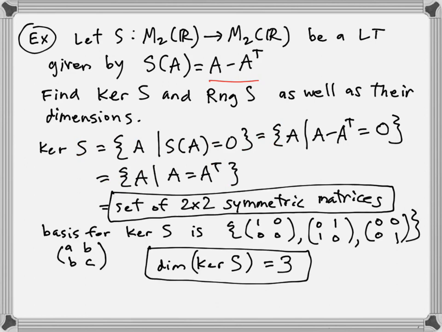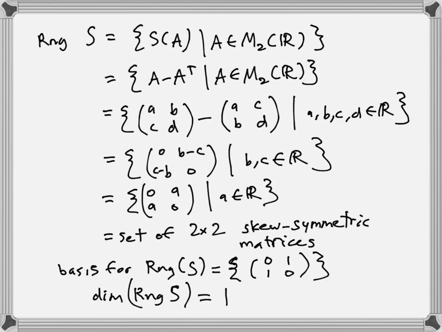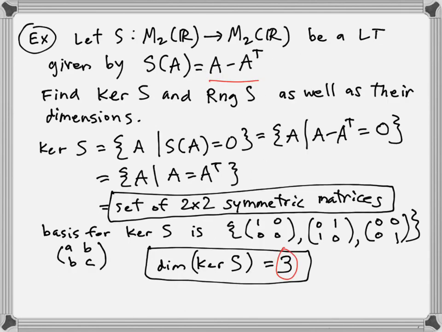Let's look at this example. The dimension of the kernel is 3. And the dimension of the range is 1. What's the dimension of V? Remember, the vector space is that guy. We know that 2 by 2 matrices have a dimension of 4.